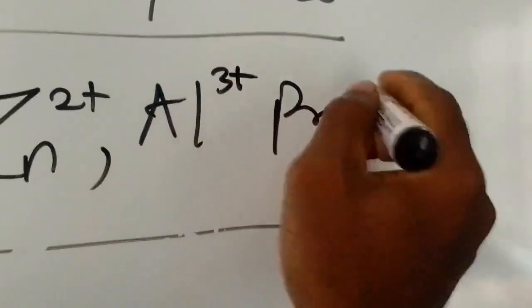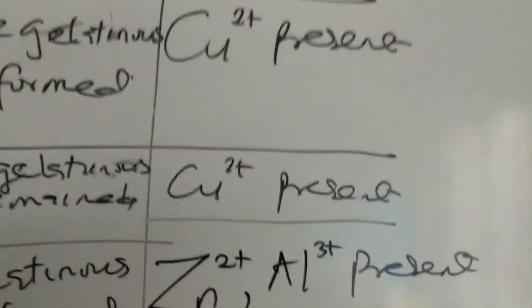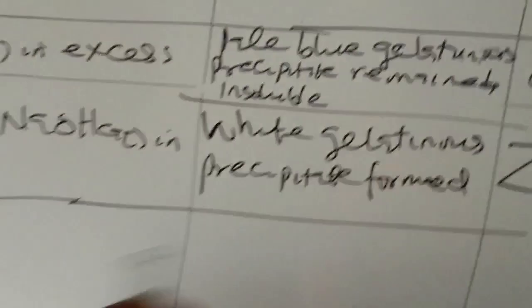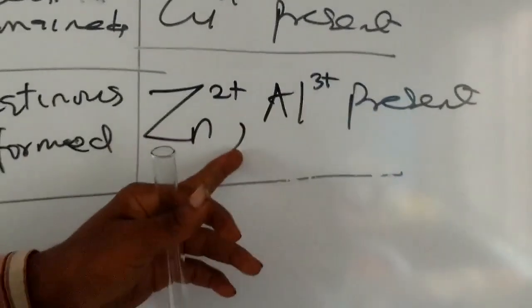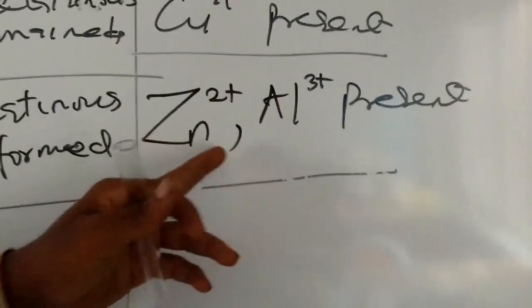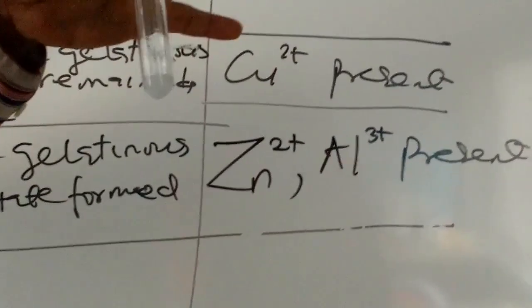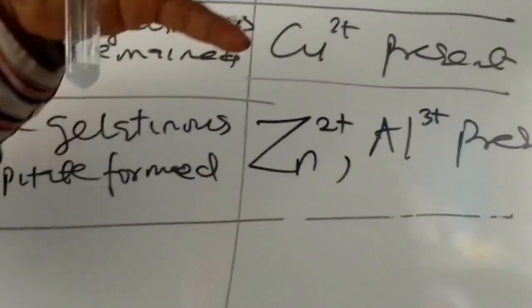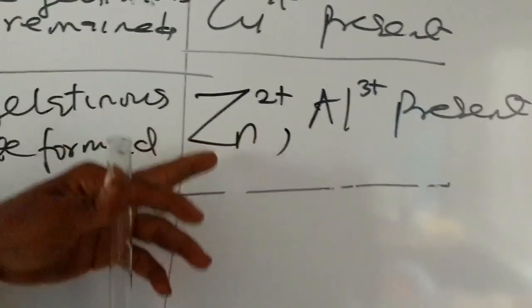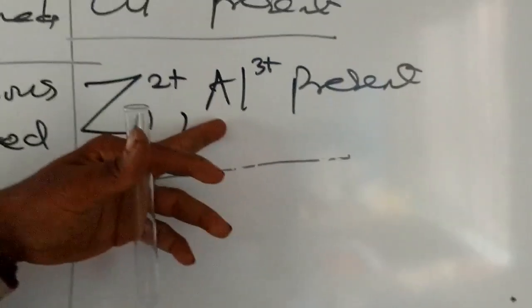Remember that we are testing for only 1 cation in this salt. So when you are reporting your work, don't ever use 'and'. Zinc 2 ion, that comma means 'or'. There should be only one cation inside it. If you say 'and', that means you're telling us there are two cations in a simple salt. A simple salt will only contain one cation. So we are suspecting either zinc 2 ion or aluminium 3 ion.